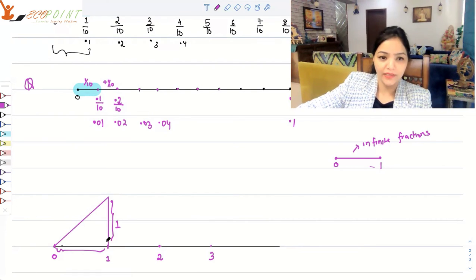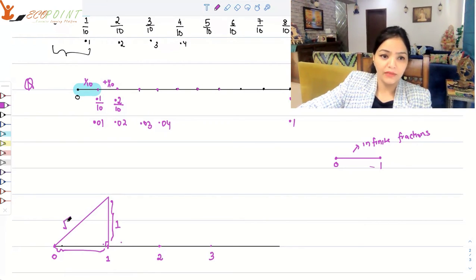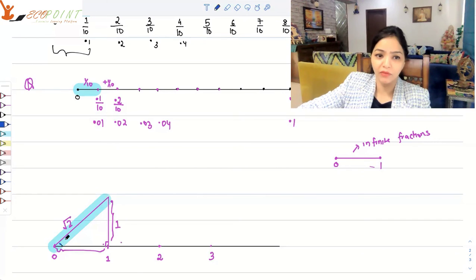So I get an isosceles right angle triangle out here. And by Pythagoras theorem, I know that this will give me the hypotenuse as √2. In this diagram, it is telling me that this length that you see from here till here is √2.